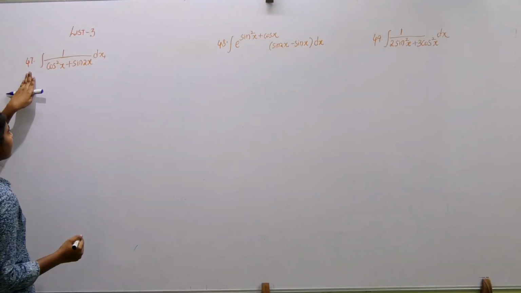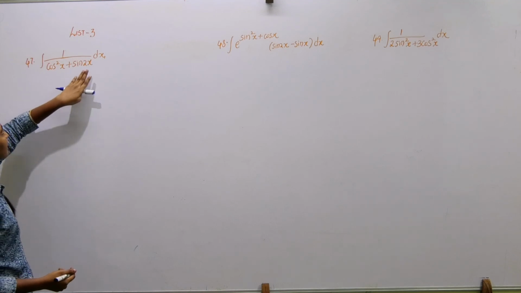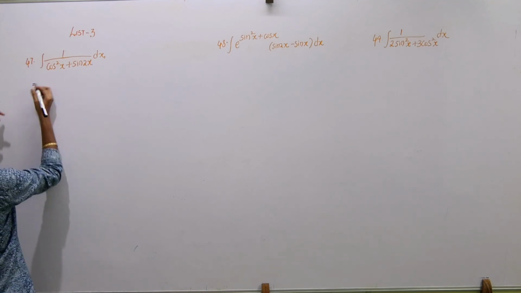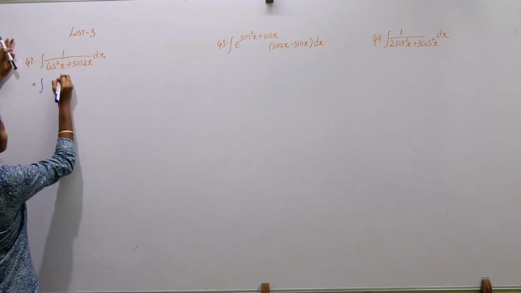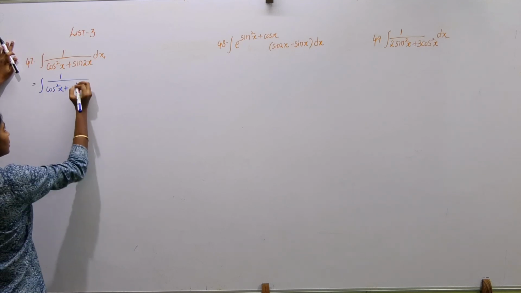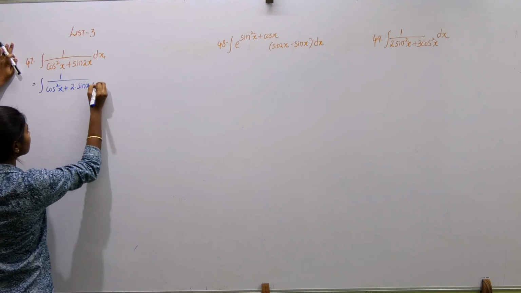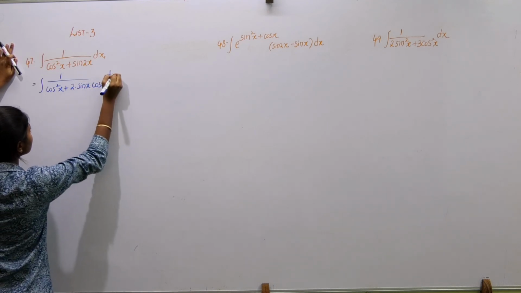Next problem, 47th one. Integral 1 by cos square x plus sin 2x dx. It is equals to integral 1 by cos square x plus, we know the formula for sin 2x, 2 sin x into cos x dx.